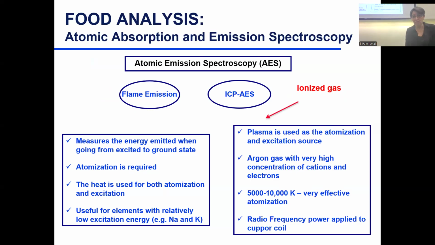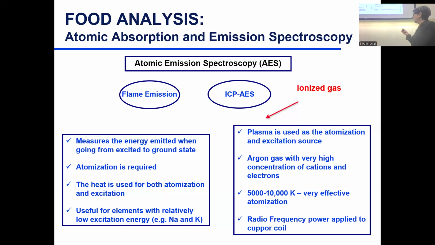Now we moved away from it, and now we have a much more advanced unit: the inductively coupled plasma emission spectroscopy. So plasma, which is an ionized gas, is used to atomize and excite. Argon gas is used, and argon gas has high concentrations of cations and electrons.